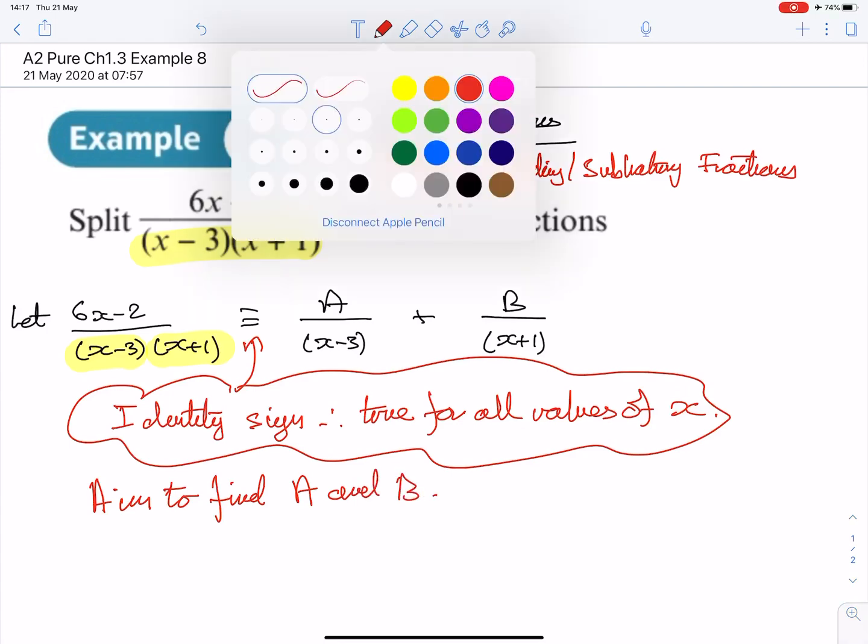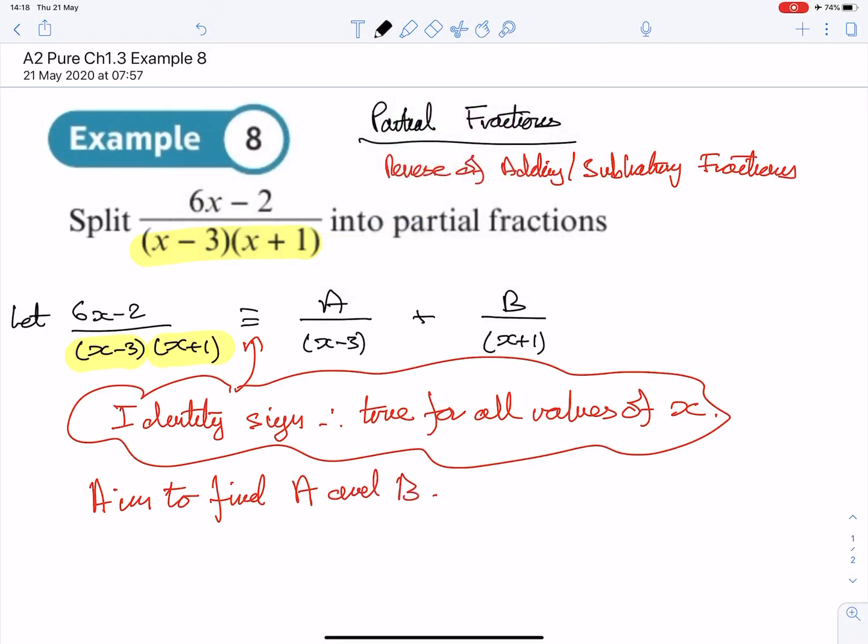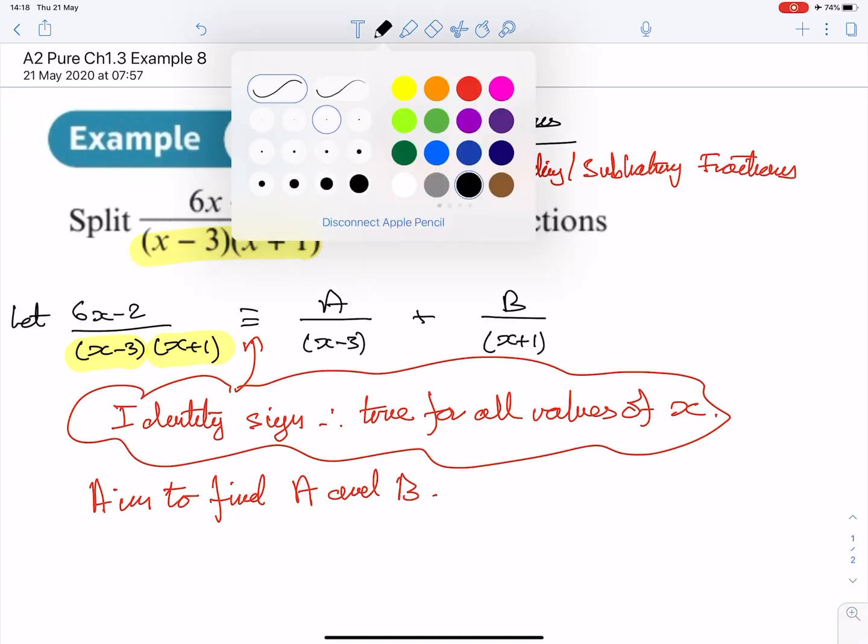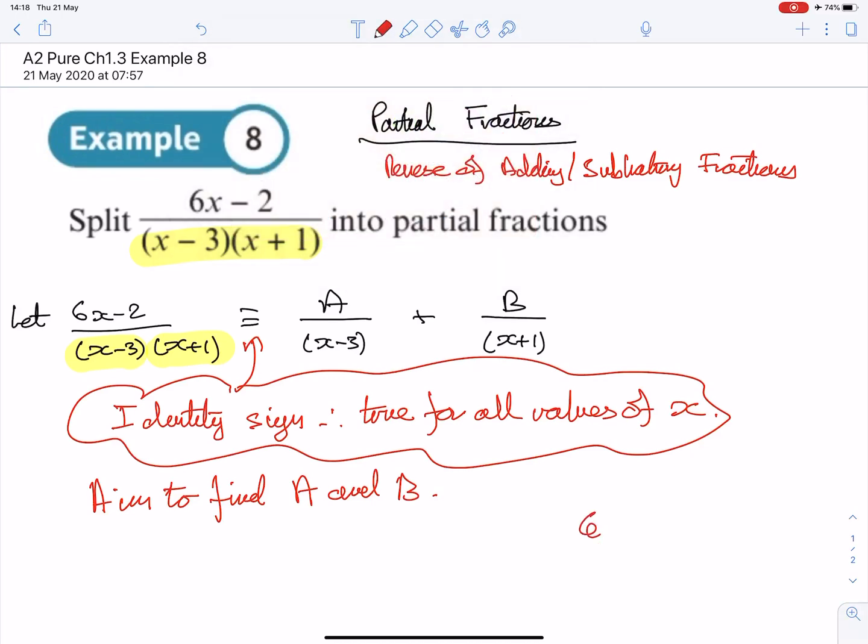Well, just like when we're solving any kind of equation, the first thing we like to do is to get it on one line, multiplying by the denominator. And the denominator we're looking at here is x minus 3 and x plus 1. That's the denominator we need to multiply through by.